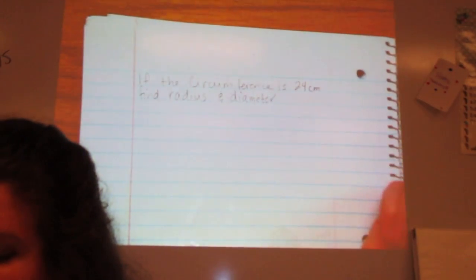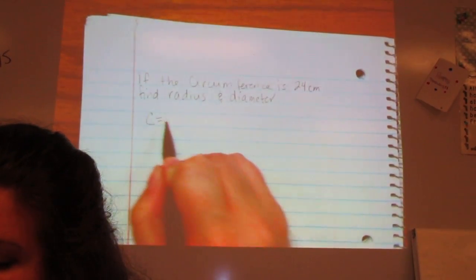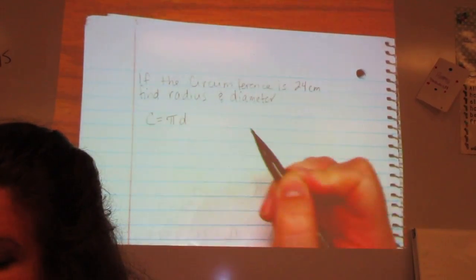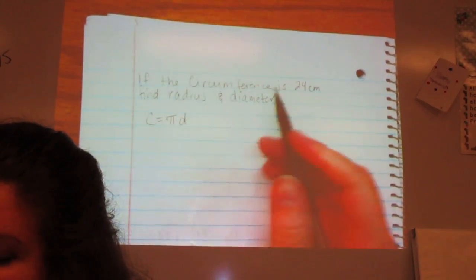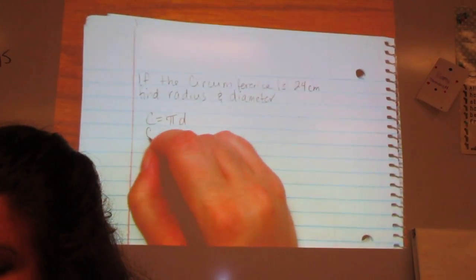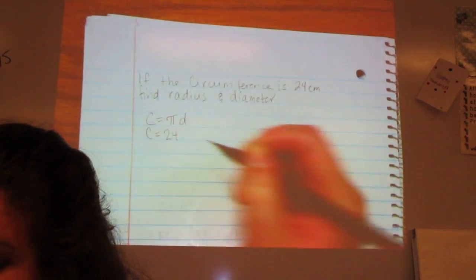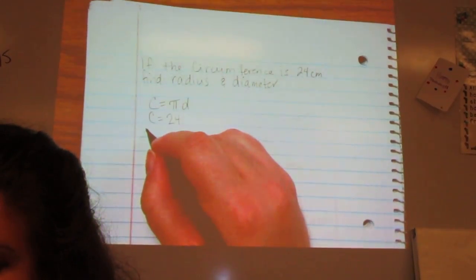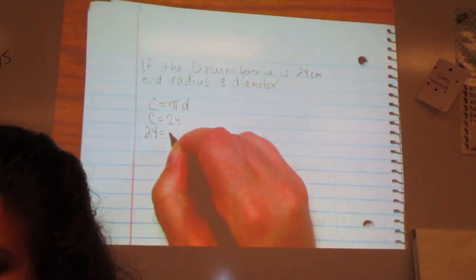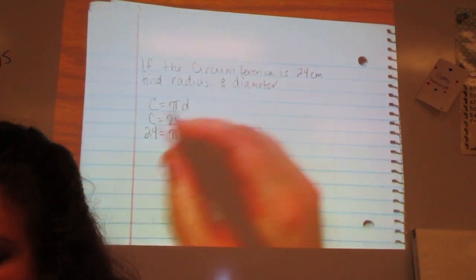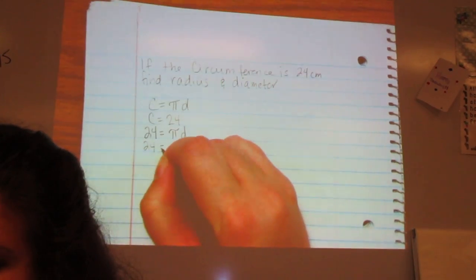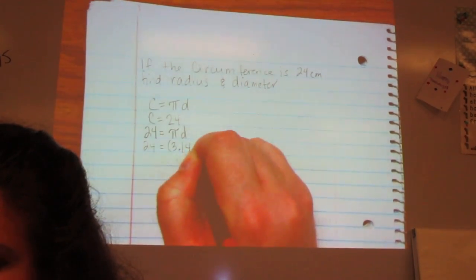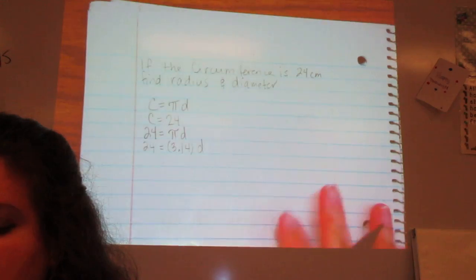Well, I know the formula is circumference equals pi times diameter, except here I have the circumference. So the circumference is 24. That means when I put my number into my formula, I get 24 equals pi times diameter. Well, I know my pi value is 3.14. And now this is a regular equation.